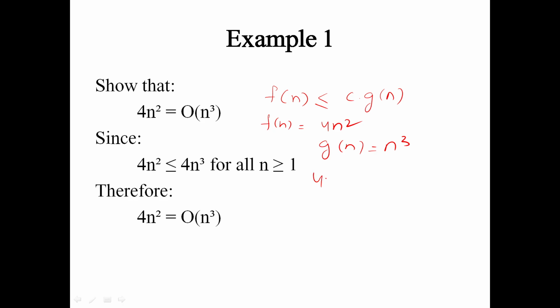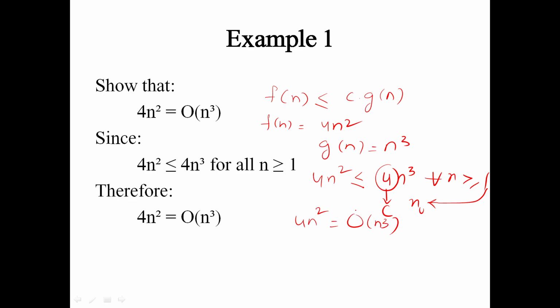So we can write 4n square is always less than or equal to 4n cube for all n greater than or equal to 1. So we can take this 4 as c, and this 1 we can take as n naught. Therefore 4n square is equal to order of n cube.